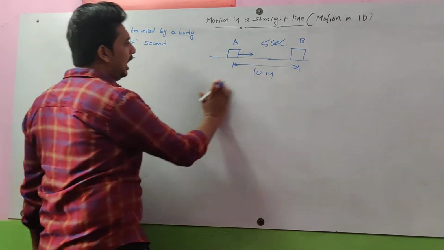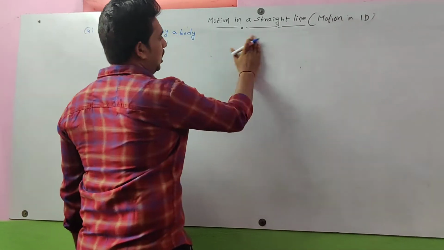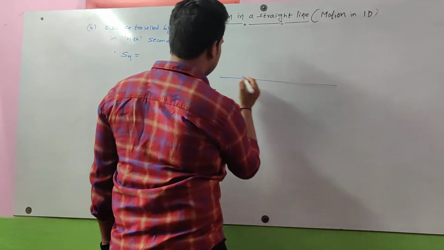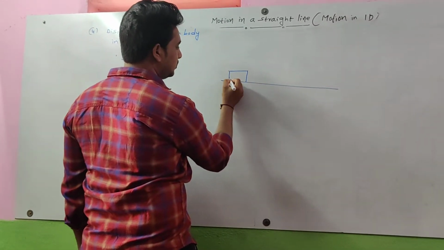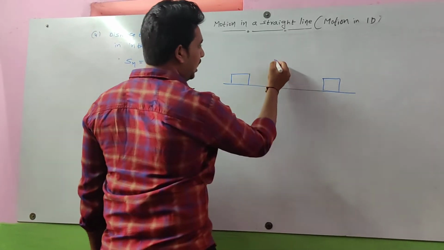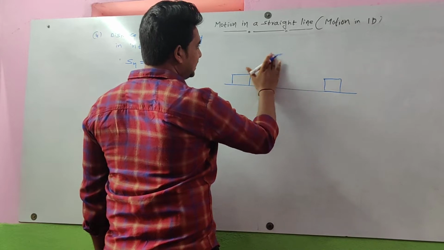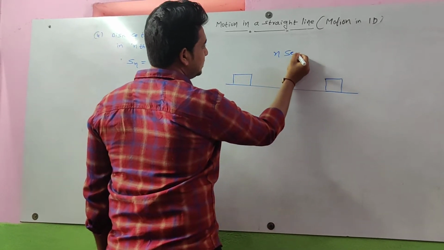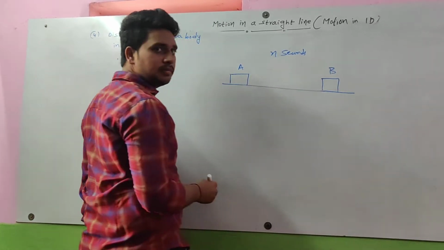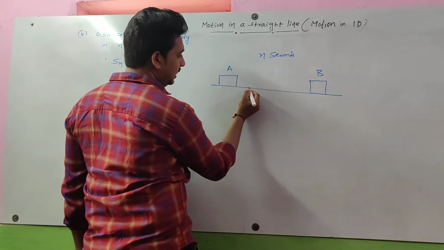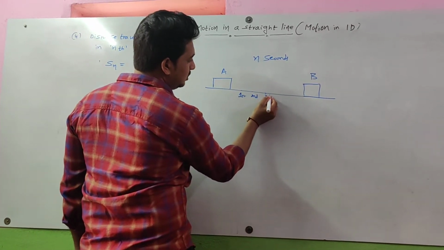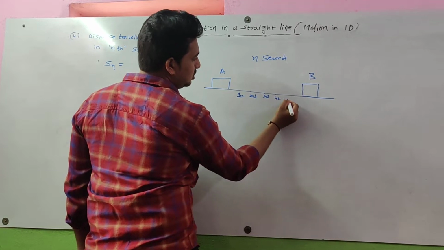Let us consider now a body that moves from A to B after some time. The total time taken for this body is n seconds. In n seconds it moves from A to B. This is the first second, second, third, fourth, and so on.